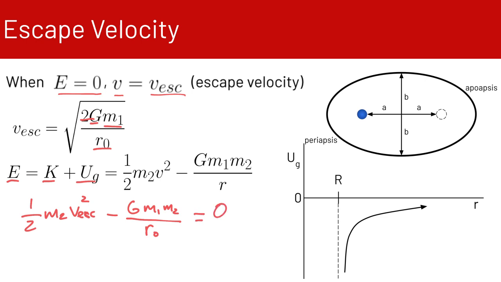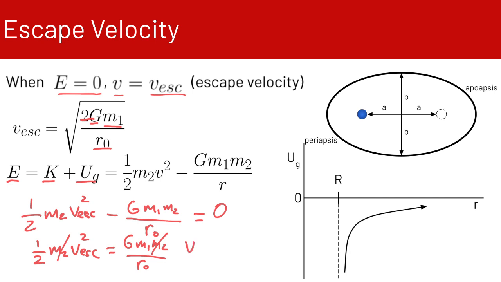So if we move g to one side, we have 1/2 m2 escape velocity squared equal to g m1 m2 over radius squared. So our second masses cancel. Multiply both sides by 2.